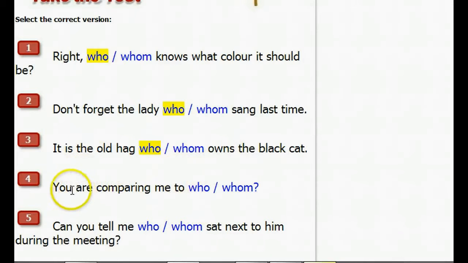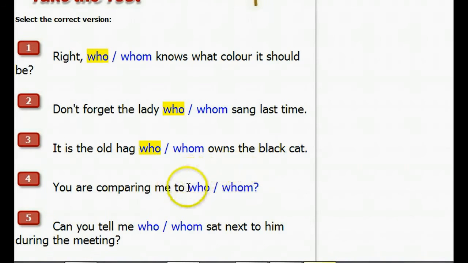All right. You are comparing me to who or whom? Subject of the sentence is you. Verb is are comparing. Direct object is me. And what part of speech is to? It's a preposition. And all prepositions have to have an object.